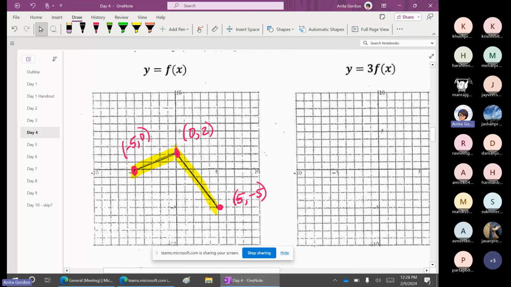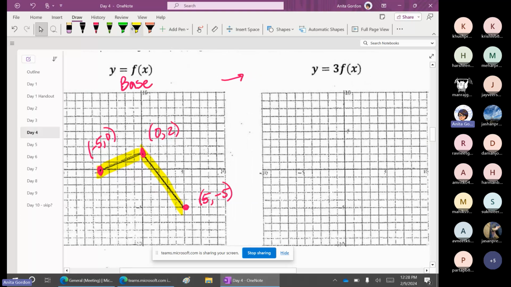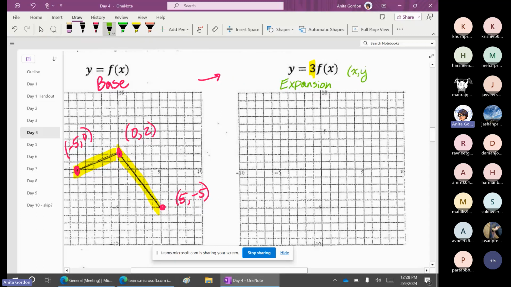Okay, so this is the base function. We don't know what it is, but we know what it looks like. Here, we are asked to do a transformation. The 3 is on the outside, so what is this transformation? What are we doing? Expansion. Okay, so when I do my coordinate mapping, x, y is going to be mapped to what?